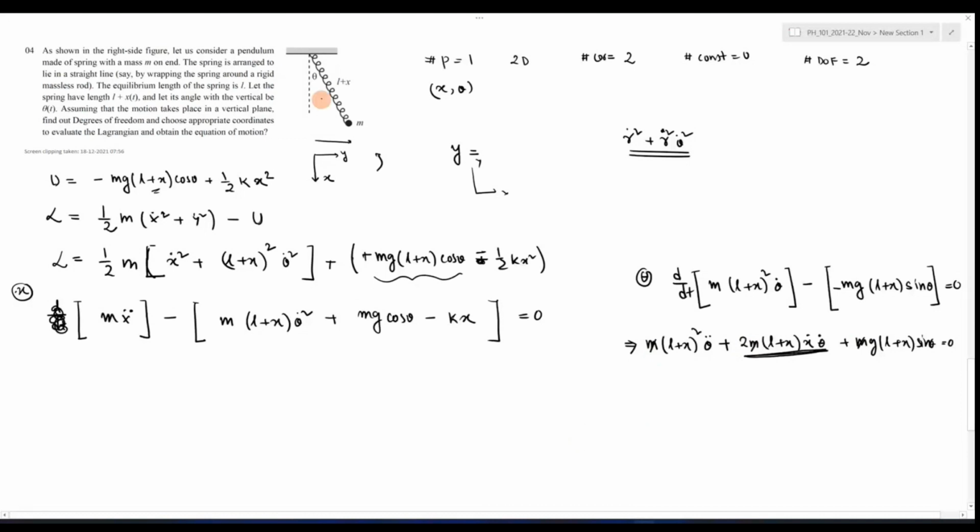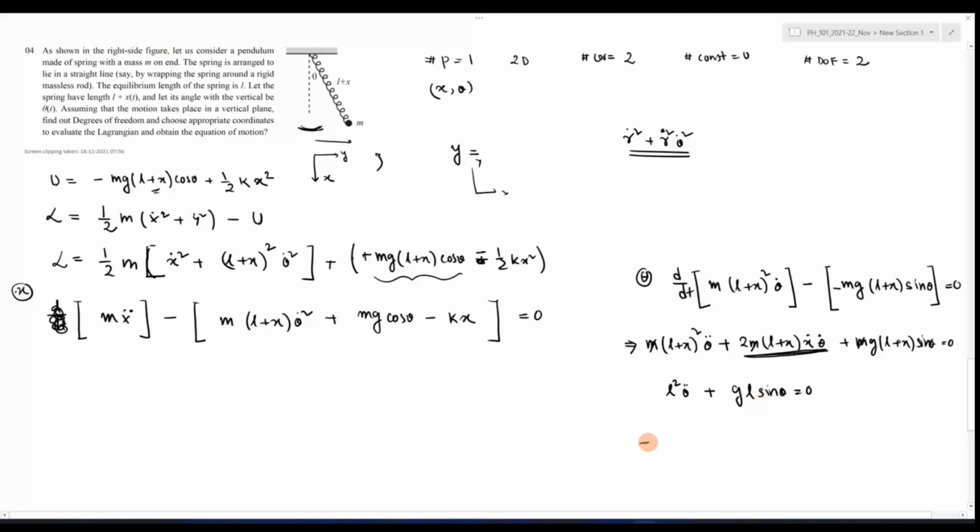Now same way, if you fix this length, like if you fix your x to be equal to 0, your pendulum will become a simple pendulum which will oscillate about theta. So put your x to be 0. So this term will become L square theta double dot plus, you don't have any x, so x dot, forget it, so g L sin theta is equal to 0.